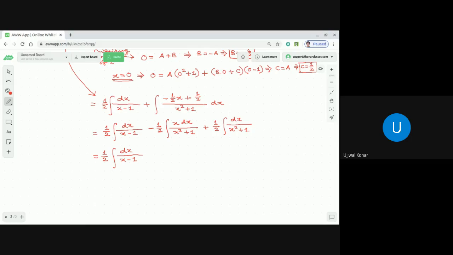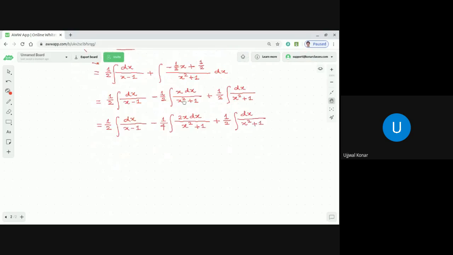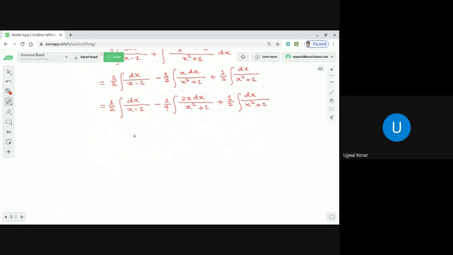So I should bring 2x in the numerator. I can do this by dividing it by 2 and multiplying it by 2. So that means 2x dx divided by x square plus 1, plus 1 by 2 into dx by x square plus 1.